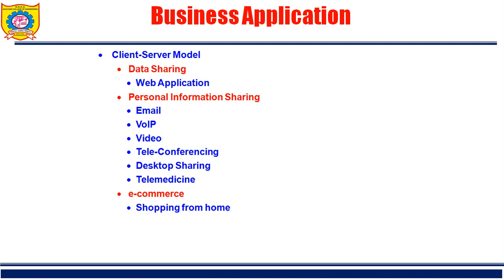So your desktop, or whatever application you are using on your desktop, can be visualized by another person. That is called desktop sharing, or you can say remote access. Then telemedicine. So it is possible that you can provide information related to your healthcare system as a remote communication or using a network. So that is personal information sharing.